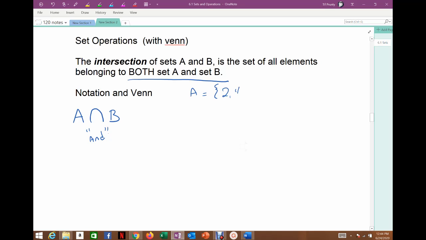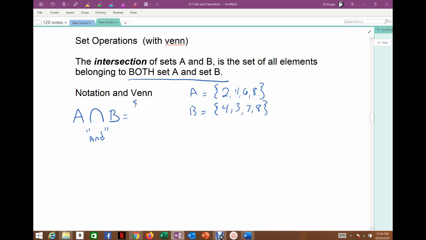A was the set 2, 4, 6, 8. B was the set 4, 3, 7, and 8. Everything that was in A and B is what they share. They share the number 4 and the number 8, and so this would be the set.